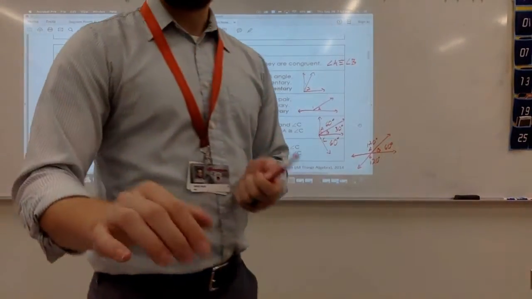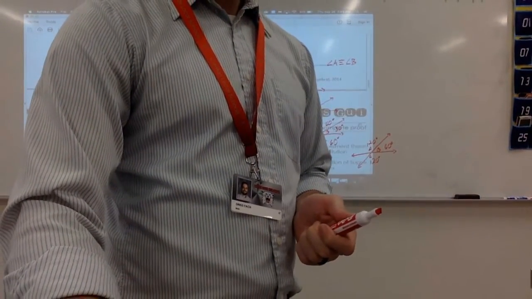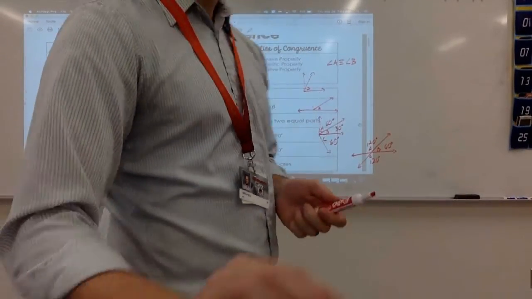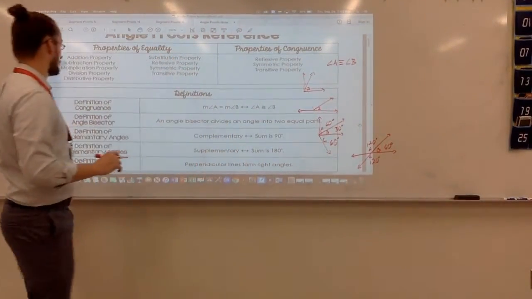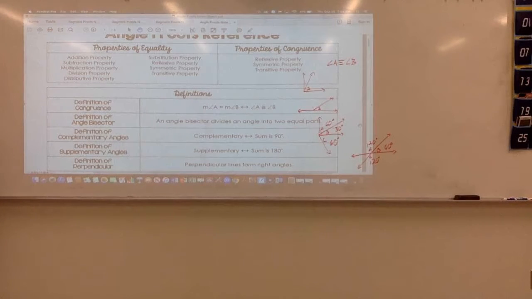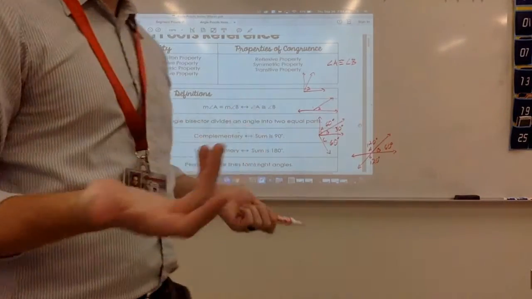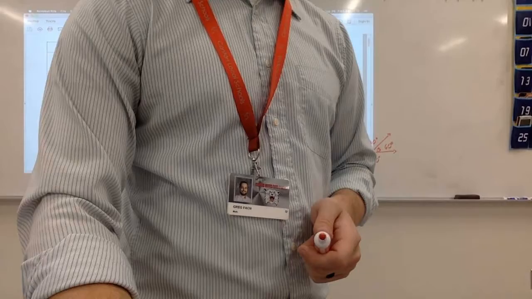Now, remember, we can still use addition, subtraction, multiplication, division, all of those properties for equations that we've already talked about. We're just adding a few new ones for angles. So we can still have an equation where we're talking about the measures of angles and add the same measure to both sides of the equation. So let's take around 10 minutes or so here and try to match up which property we have.